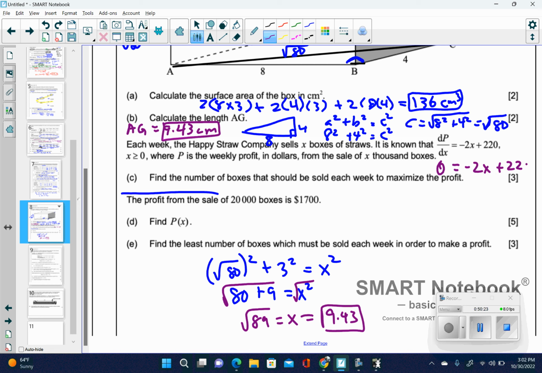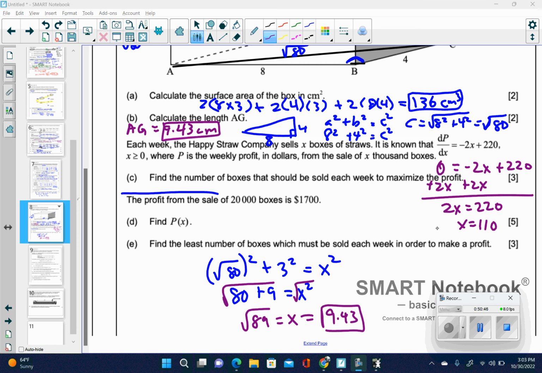When we get into the calculus unit, we will go over this a little bit more. No worries. So you could add 2x to both sides. So you get 2x is equal to 220 and x is equal to 110. And if you look at the question, it says find the number of boxes.